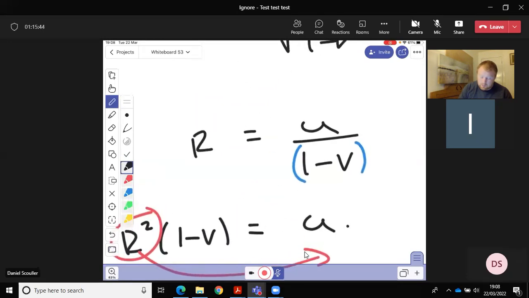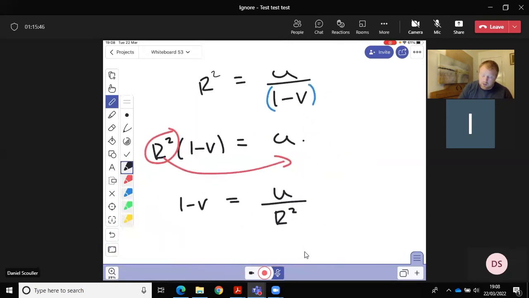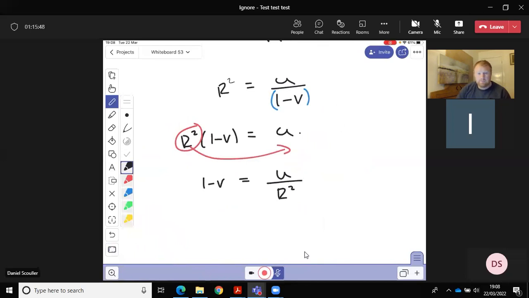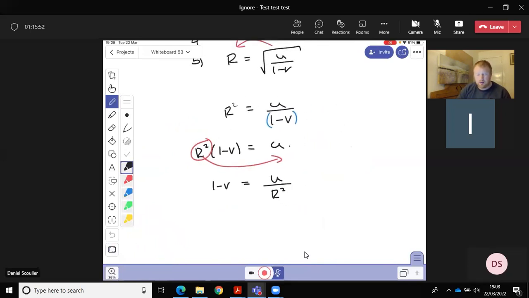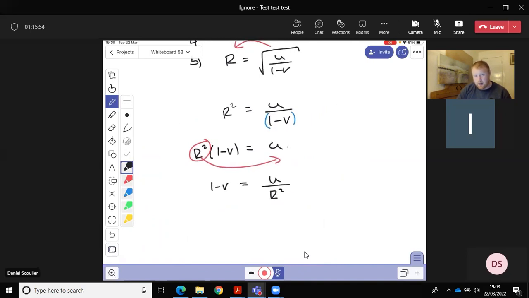If I've lost anyone, give me a shout. I'm taking that whole denominator, moving it across, then bringing it back. Now, this doesn't leave us with something to isolate V with easily either, because we're going to end up with negative V.